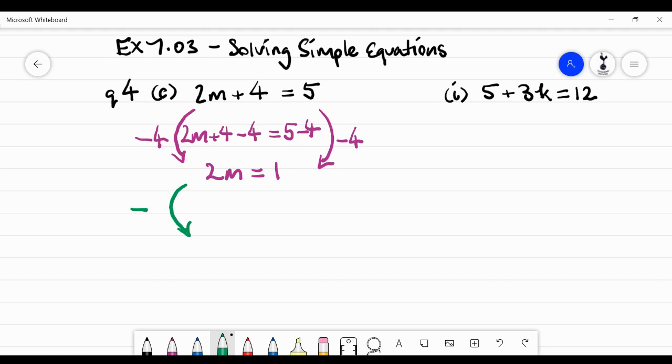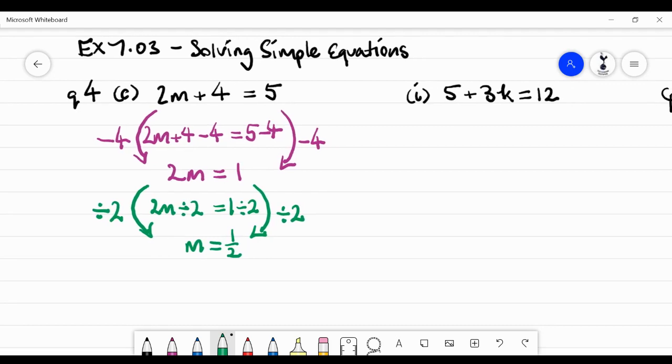So we need to divide by 2 to get to m, but of course we need to do the same to both sides. 2m divided by 2 is equal to 1 divided by 2. 2m divided by 2 is just m, and 1 divided by 2 is half. And that is our solution.